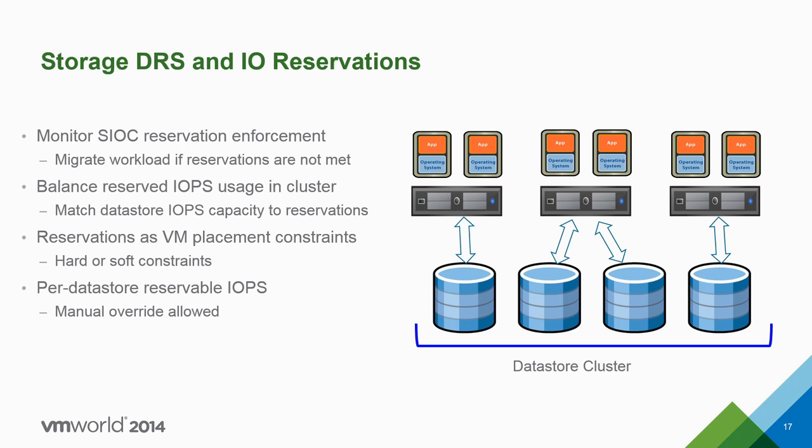Okay? The other thing that storage DRS does is that it also computes on each individual data store the total reservable IOPS of that data store. Okay? And then this will show up as higher capacity when the reservations are being balanced across the cluster.